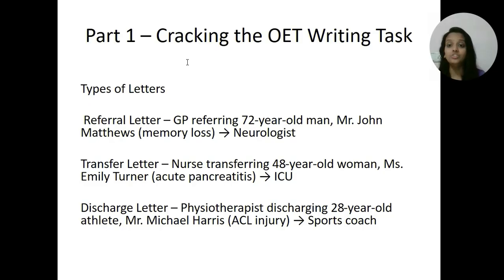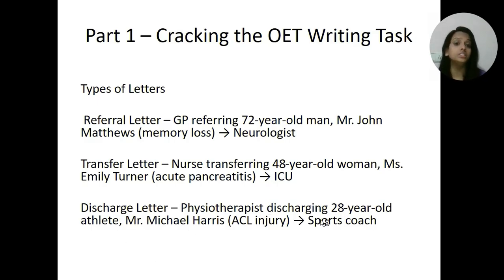The next one is the transfer letter. A hospital nurse transferring a 48-year-old woman, Miss Emily Turner, with acute pancreatitis to a tertiary facility for ICU care. So the patient has been transferred to ICU care, right? And the next one is a discharge letter.